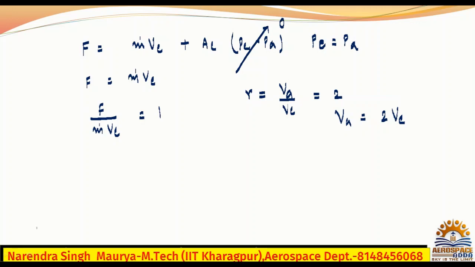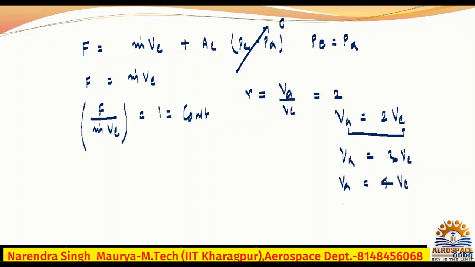So what will be F by M dot VE? Check this, F by M dot VE: does it depend on the vehicle velocity anymore? No. Only one velocity component VE, and if you are taking the ratio, it becomes 1, which is nothing but constant, independent. It doesn't matter if VA is equal to 3 VE, or VA is equal to 4 VE, or VA is equal to n times VE. This value will not be changed.